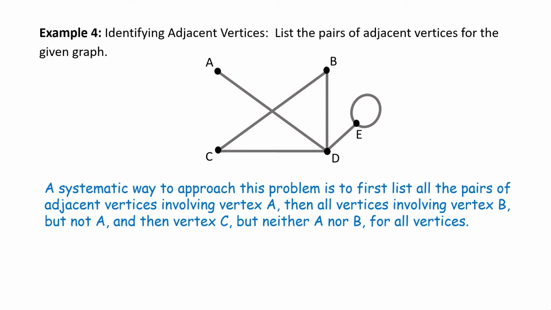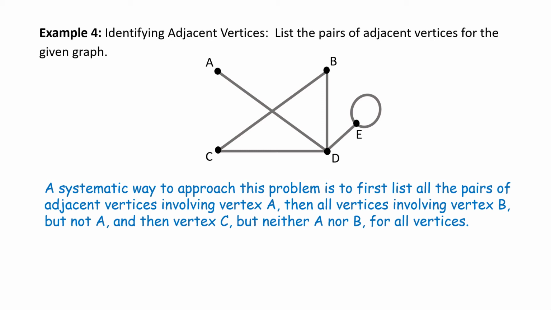A systematic way to approach this problem is to first list all the pairs of adjacent vertices involving vertex A. Then all the vertices involving vertex B, but not A. And then vertex C, but neither A nor B, for all the vertices.